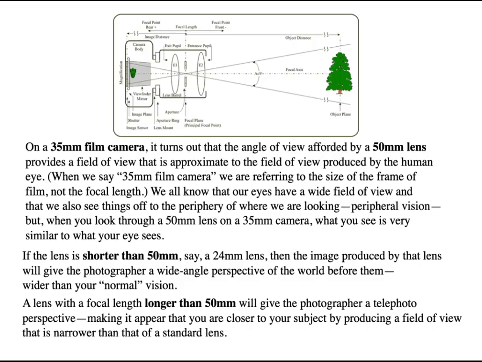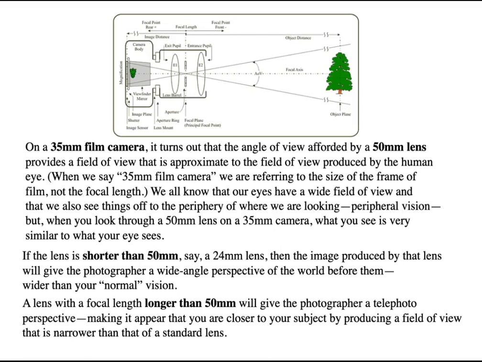So the perfect lens on a 35 millimeter film format, so our DSLRs are considered the same format as our 35 millimeter film cameras, and our lenses and our lens lengths all equate to one another.